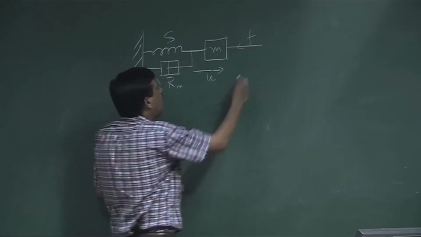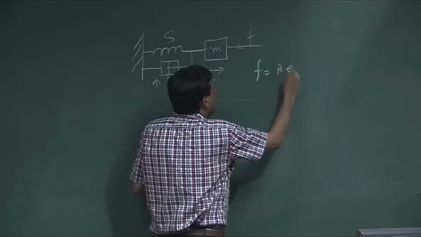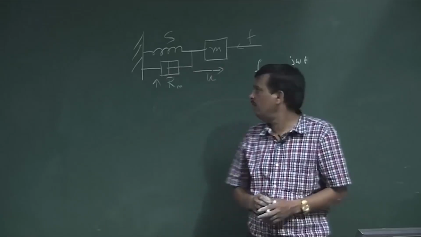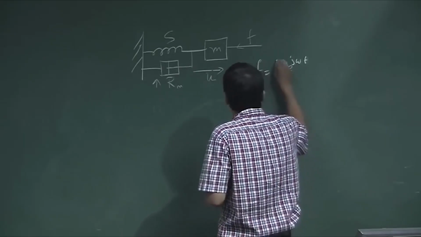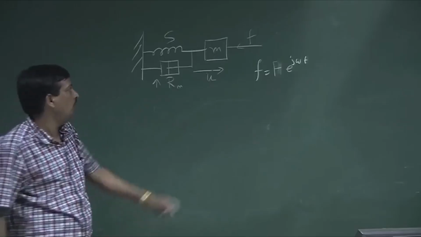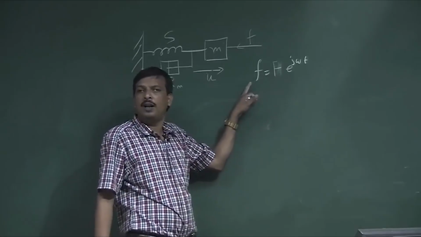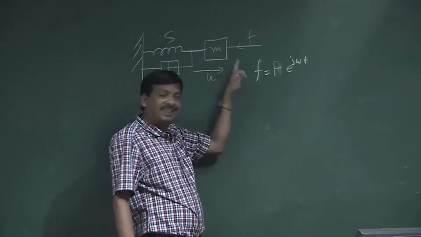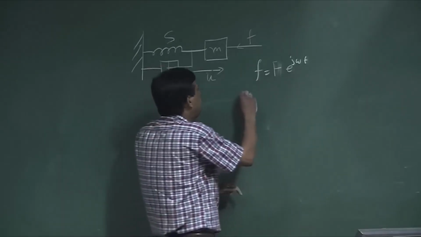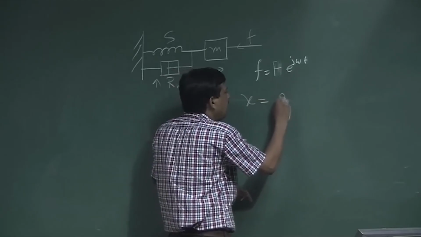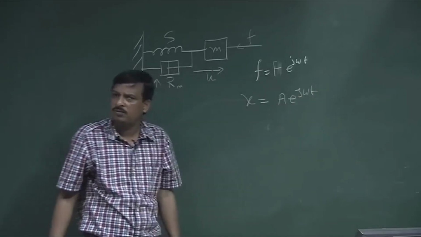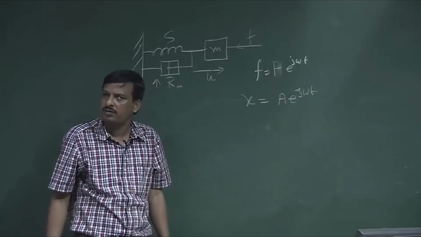Let the force F be equal to capital F e to the power j omega t. Capital F is the amplitude, and omega is the frequency of that applied force. In steady state the oscillator also oscillates at the same frequency. So, I can write x equal to A e to the power j omega t, where A is the displacement amplitude and omega is the frequency of the oscillation.